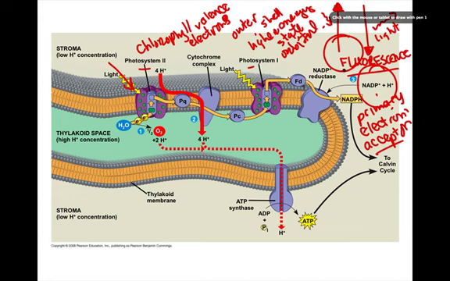The physical proximity of chlorophyll with the primary electron acceptor allows this excited electron to be physically handed off to the primary electron acceptor. Nice name, primary electron acceptor. And so chlorophyll loses an electron. It gets excited, and then the electron is handed off to the primary electron acceptor.